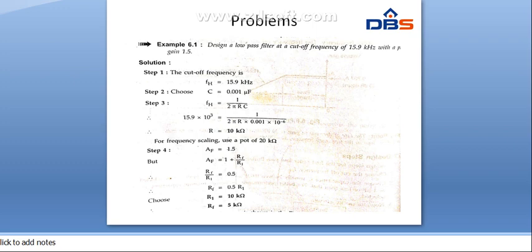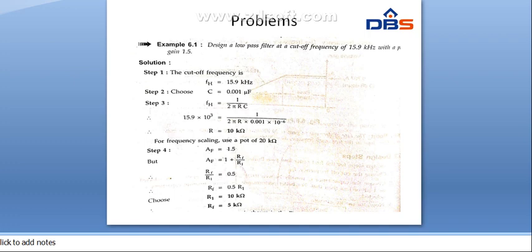Design a low pass filter with a cutoff frequency of 15.9 kHz and a pass band gain of 1.5. If the cutoff frequency is 15.9 kilohertz, choose C equal to 0.001 microfarads.